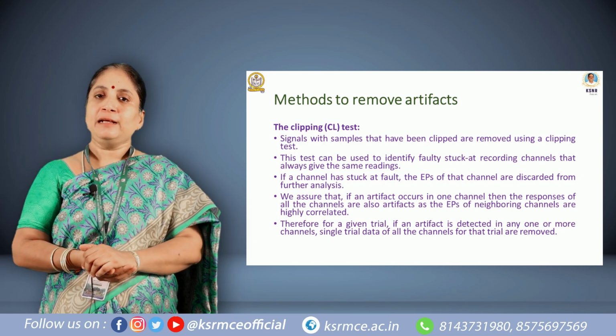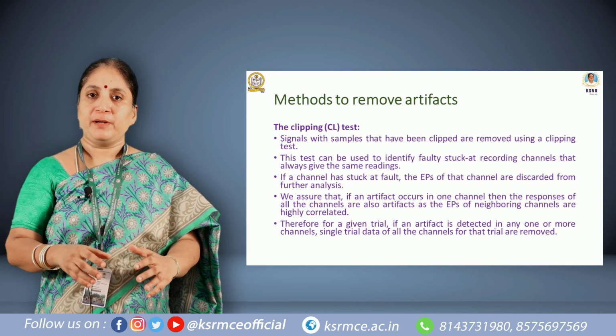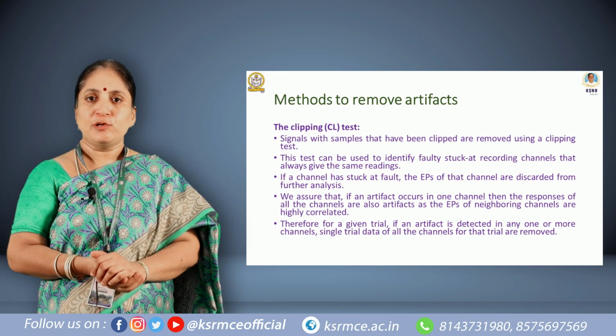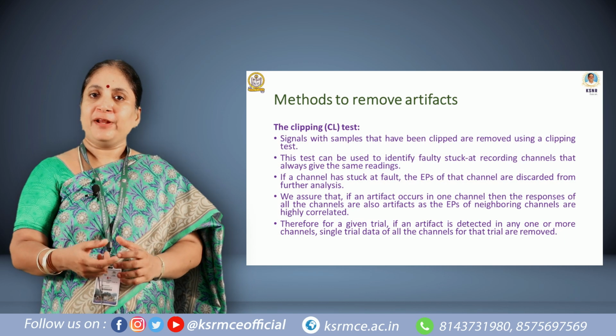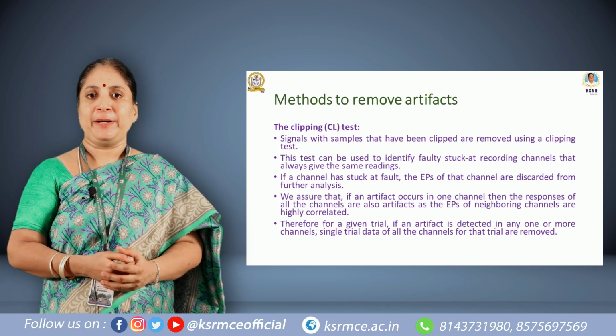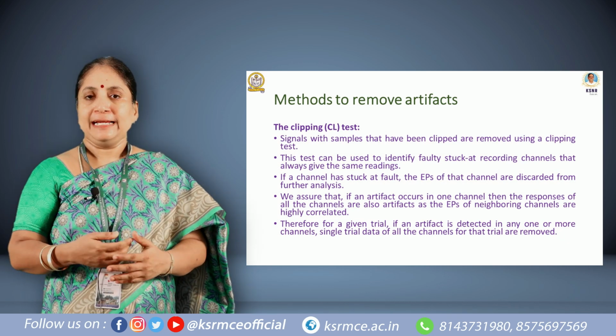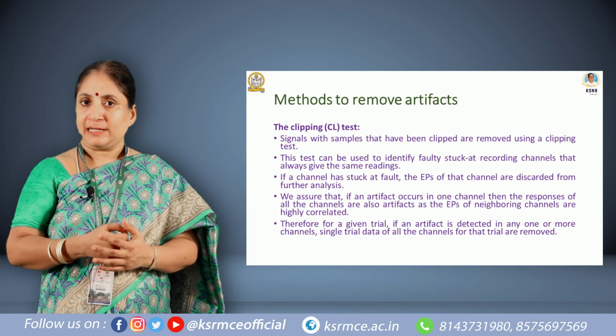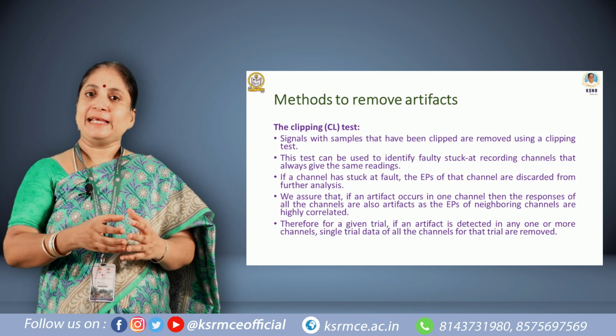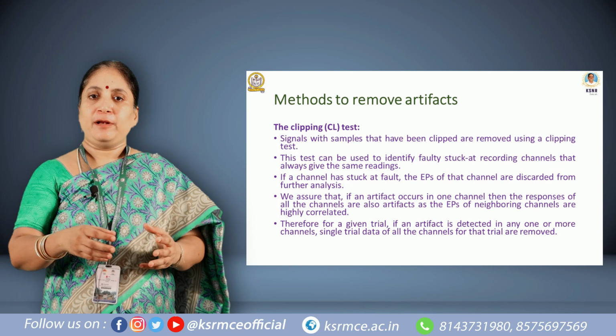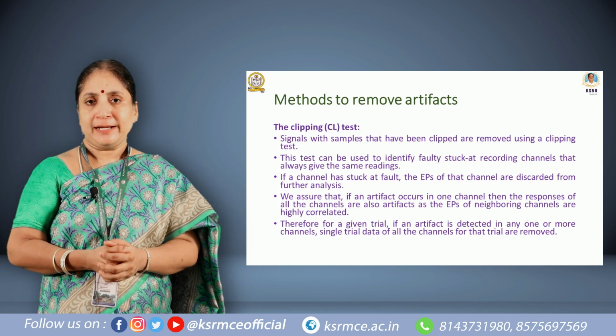While measuring the evoked potentials, we place a number of electrodes on the scalp. The signal from each electrode corresponds to a particular channel signal. So, in any particular channel, if there is a stuck-at fault, we are going to have the same values occurring repeatedly.